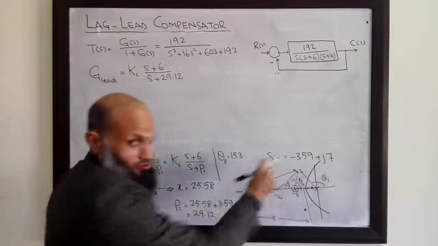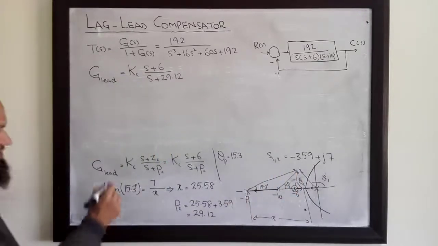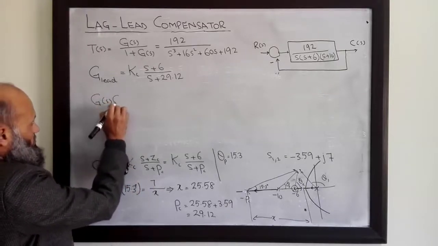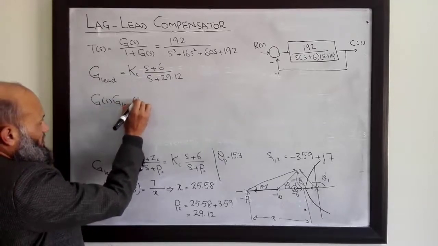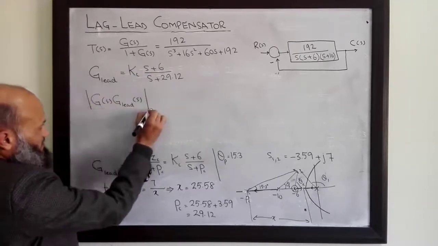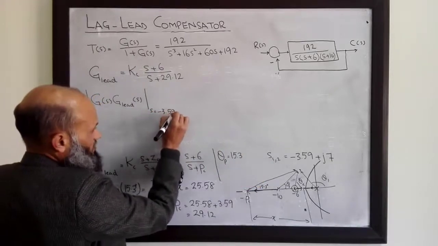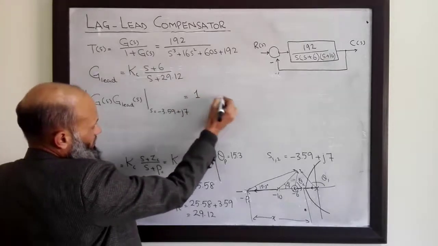For this point to be a closed loop pole, the angle and the magnitude condition must also be satisfied for this point. That is, G of s into G lead of s at s equal to this desired point, minus 3.59 plus j7, must be equal to 1.